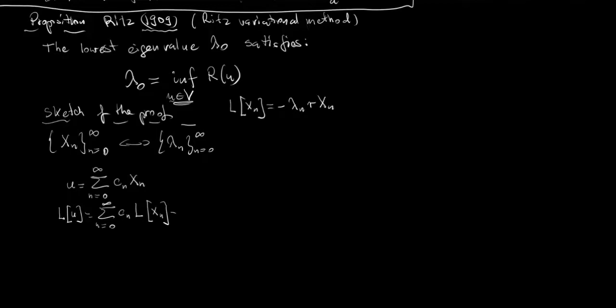So then we can write this as negative sum from n equals 0 to infinity of c_n lambda_n r x_n, and now u times L of u is equal to negative of the sum over n and m from 0 to infinity, now there will be c_n lambda_n r x_n.